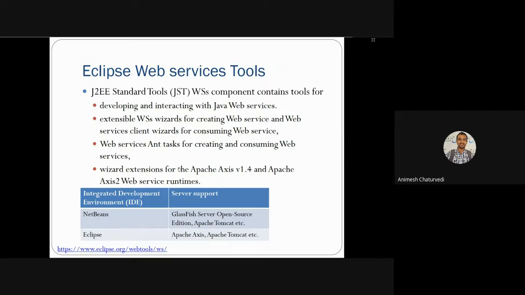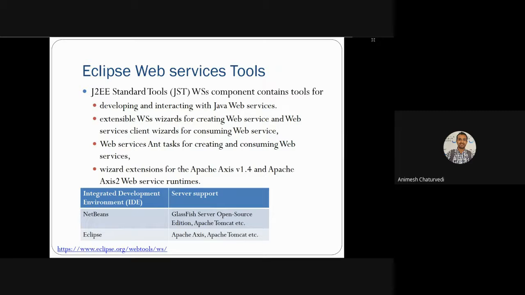So Ant basically does the compilation and build of a particular web service. So till now you created and wrote some code and business logic in that web service. Now you want to build and deploy. So you use Ant.